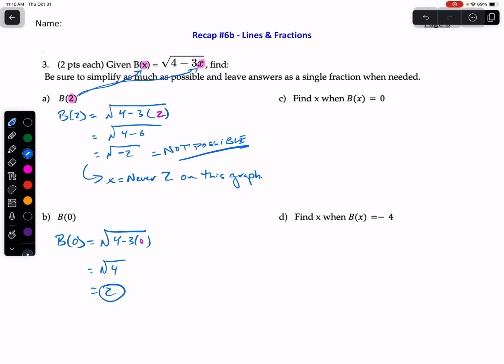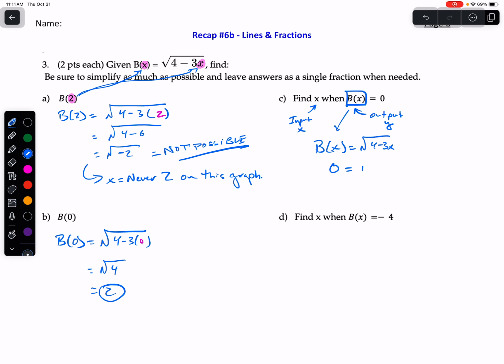Okay, find x when b of 0. So remember, this is our input, and this whole thing is our output, also known as x and y. So we start with b of x equals the square root of 4 minus 3x, but we're replacing that with 0.